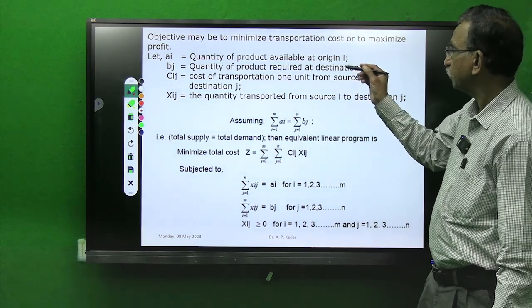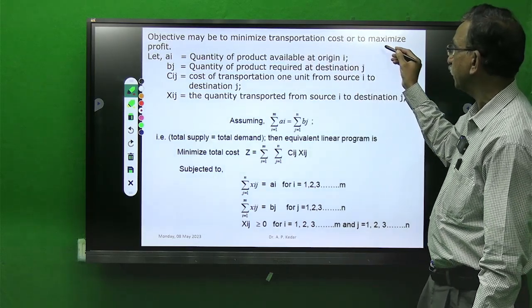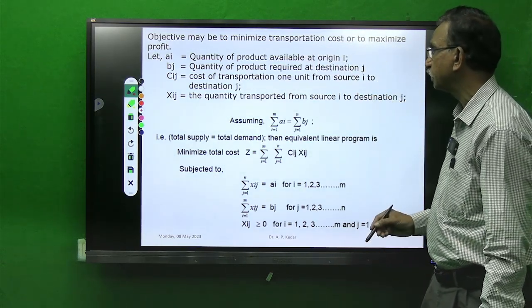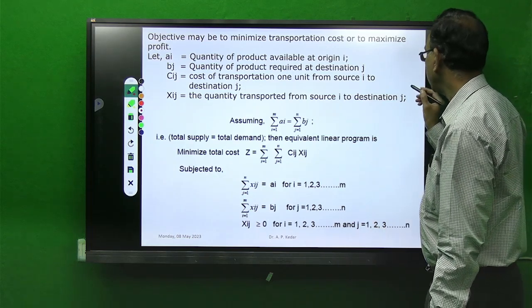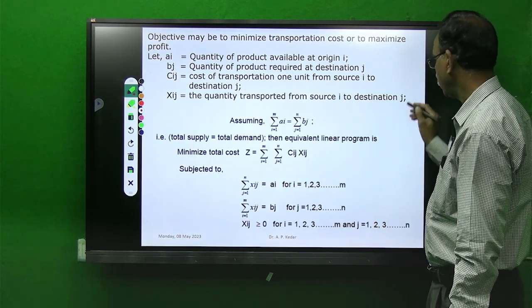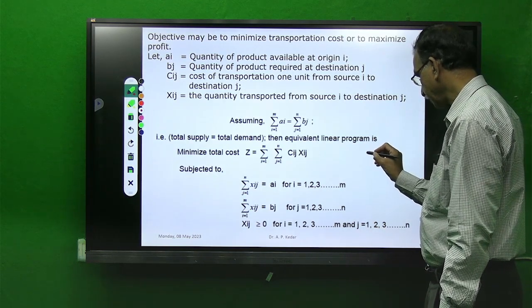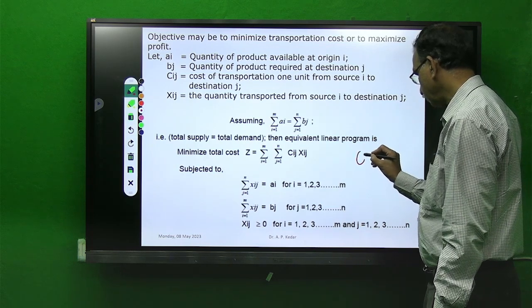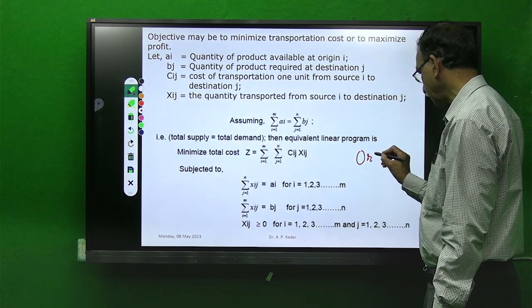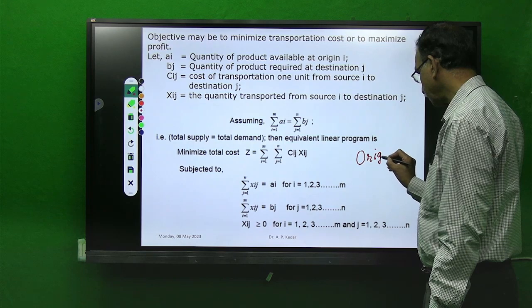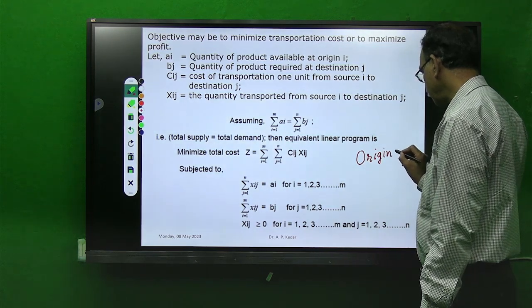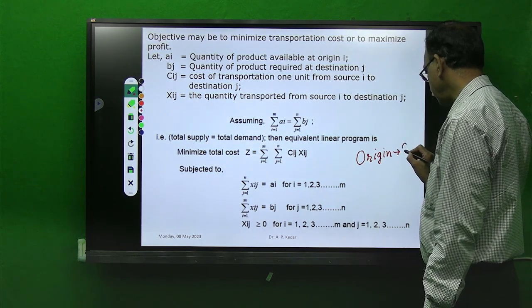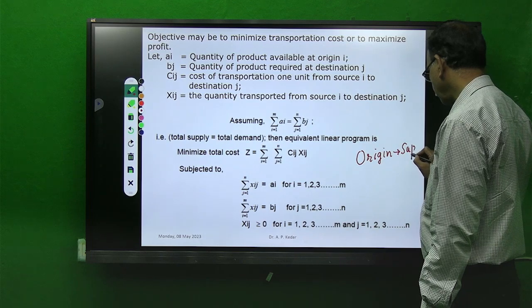Before that, we have to get through these terminologies. Again, I will reiterate the things we have discussed in the previous slide: origin will supply.